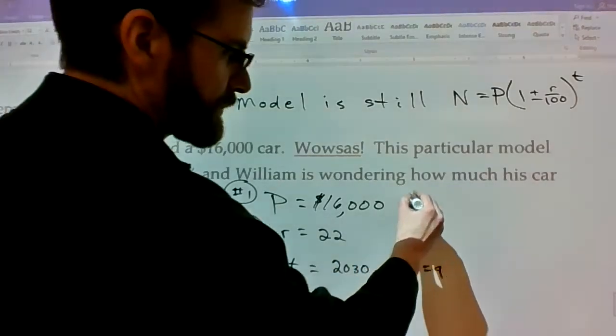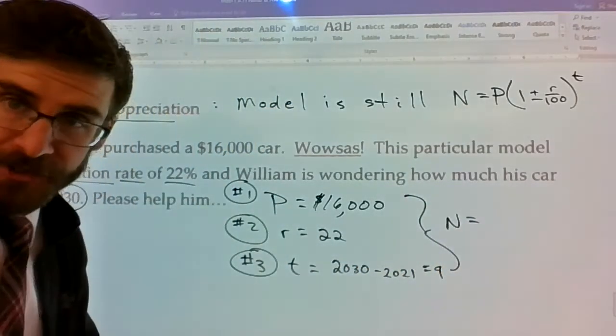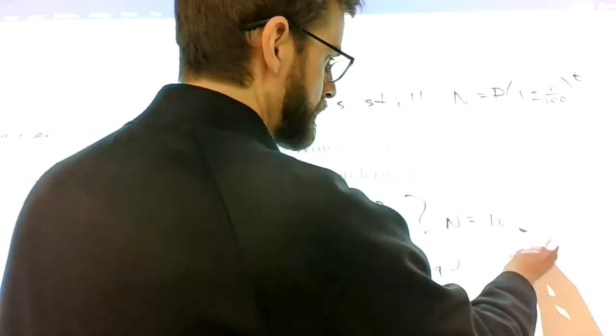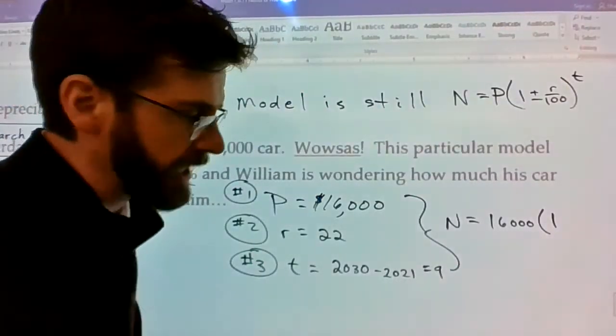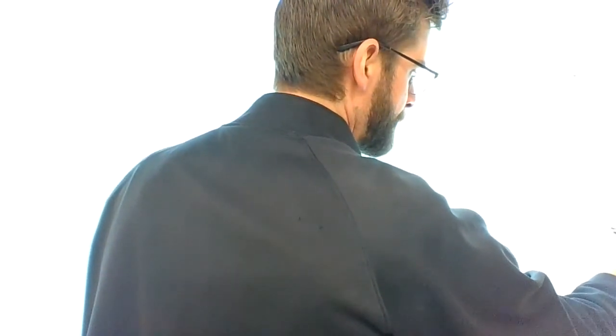Okay. So all of this together, the new price in 2030, how much is the car going to be worth? 16,000 times 1, depreciation means subtraction, 22 over 100 to the 9th power.